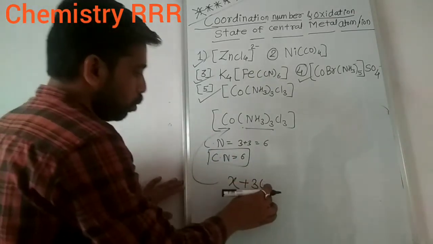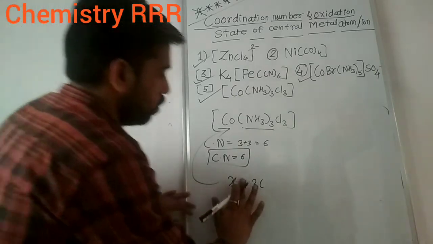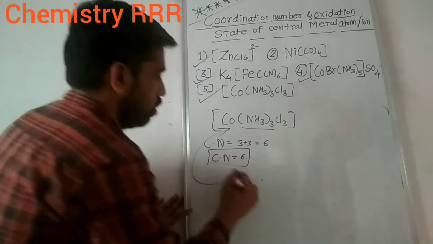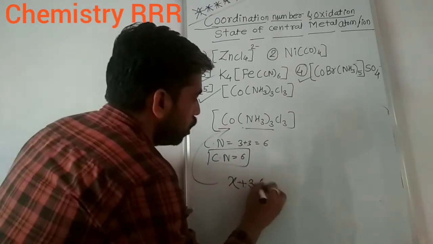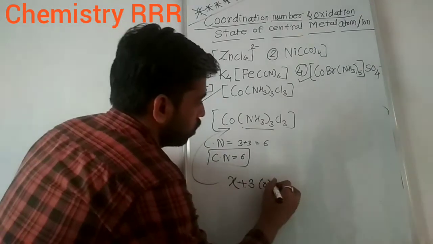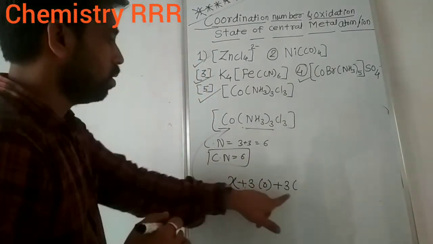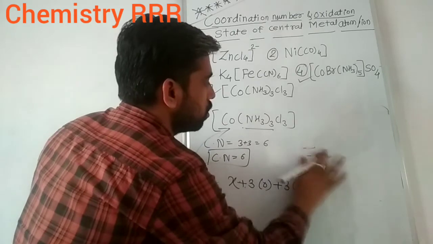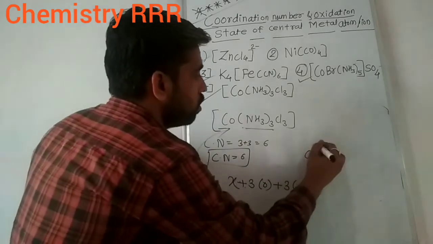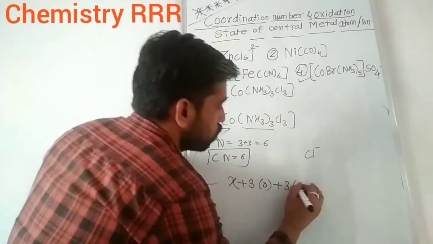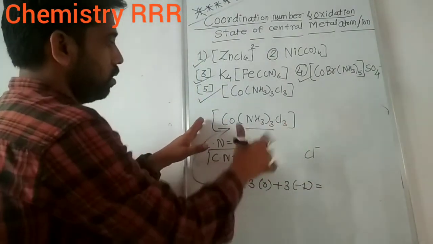For your understanding, I can write here: plus 3 into the charge on ammonia, 0, plus the number of chlorine, 3, into the charge present on each chlorine, which is -1, which is equal to the charge on the complex ion.